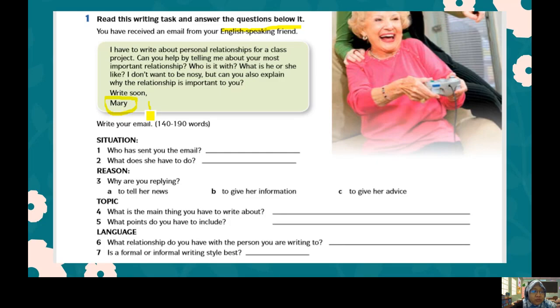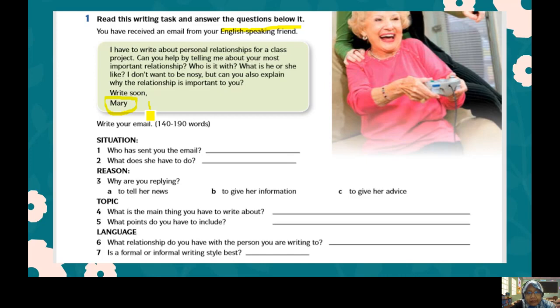Number 2. What does she have to do? Why must she send you this email? Apa yang perlu dibuat? Can you give me the answer for that? Mary ni tulis email pada kamu untuk apa?